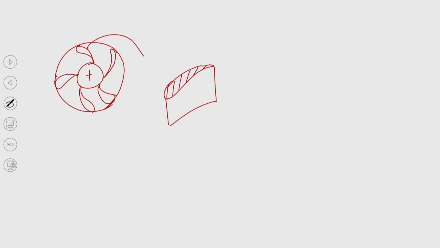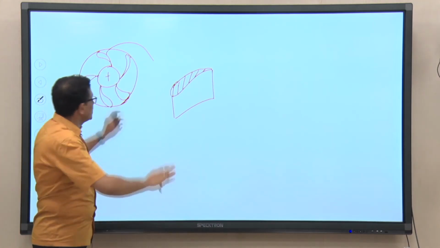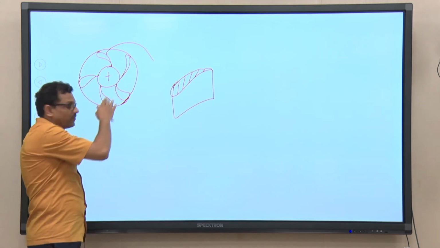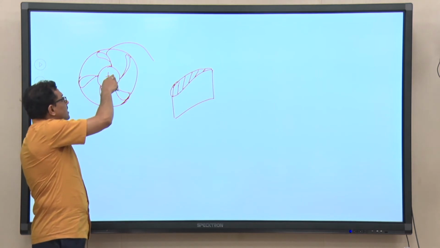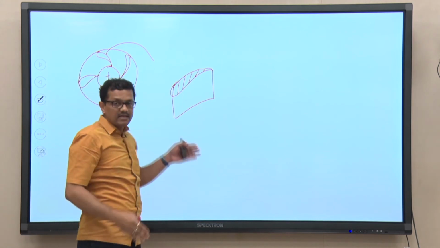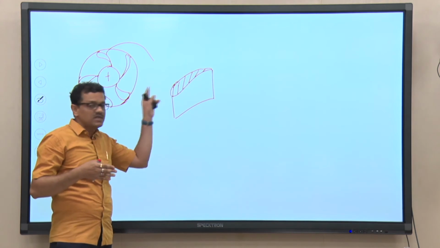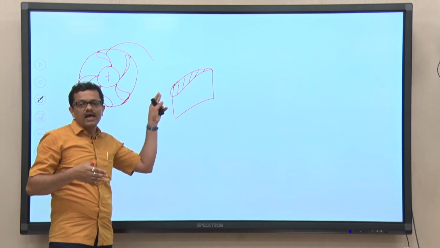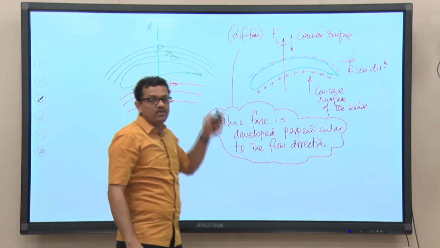Right, so this is the blade. When fluid or liquid is flowing through the passage between two consecutive blades, that is, through the impeller itself, we can compare it to a flow approaching an isolated airfoil, and definitely the concept we know applies, that a force will be developed.